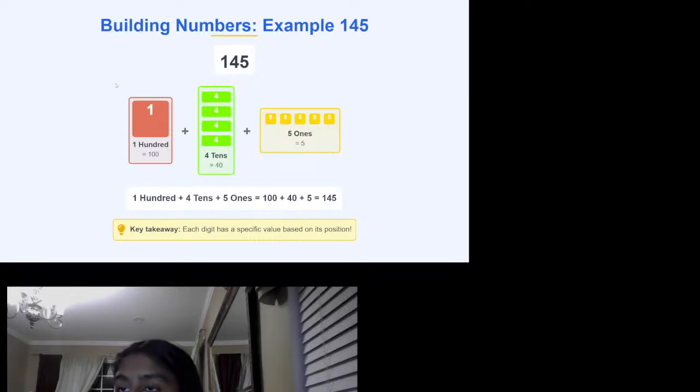So once you combine all these blocks and flats, you will get this as your answer. So 1 hundred, 4 tens, and 5 ones, which all equals 145 once you add them up.